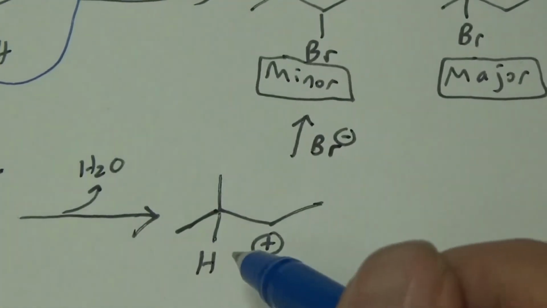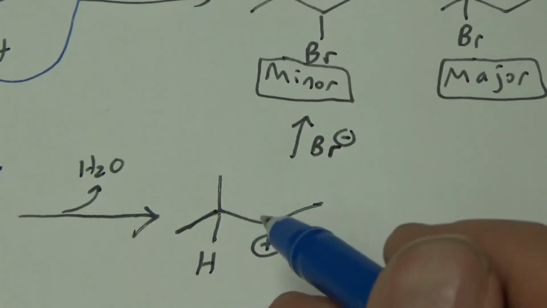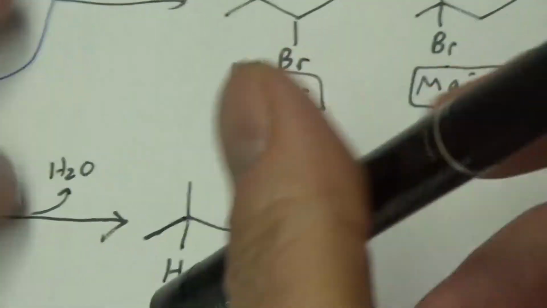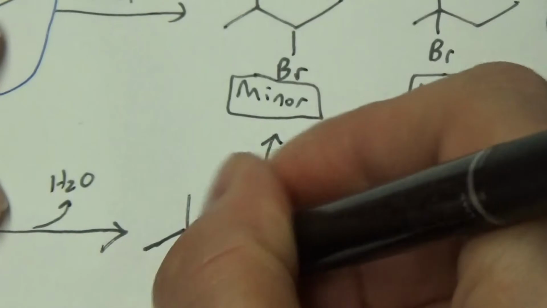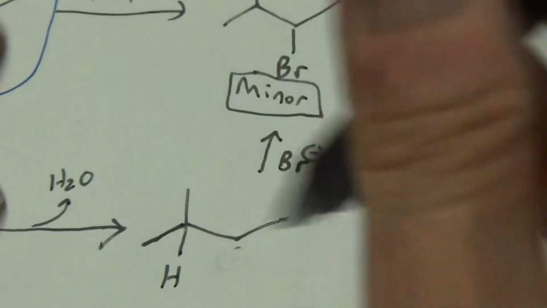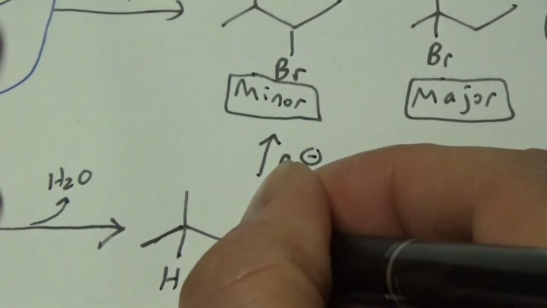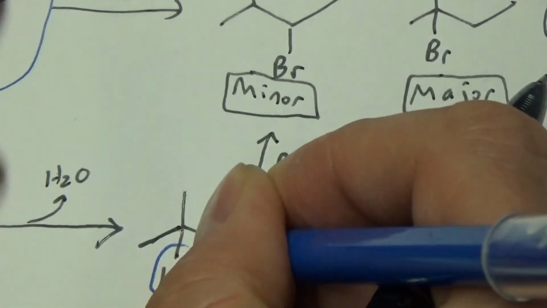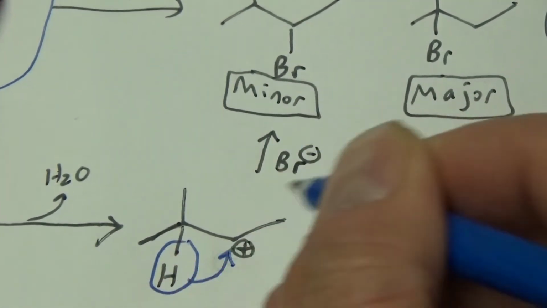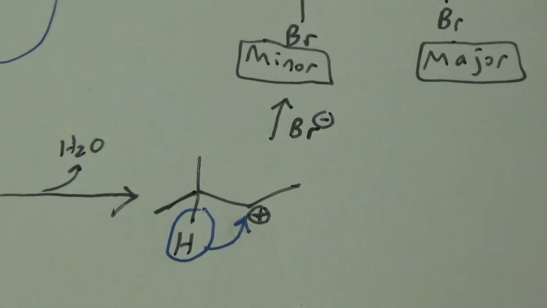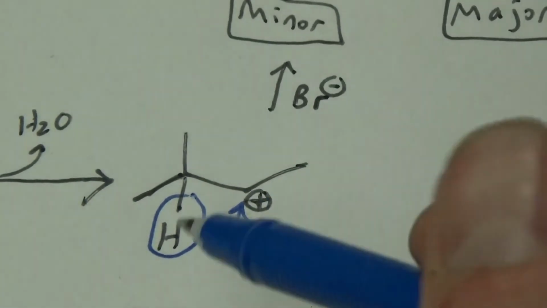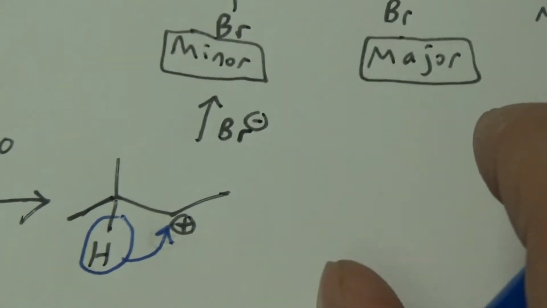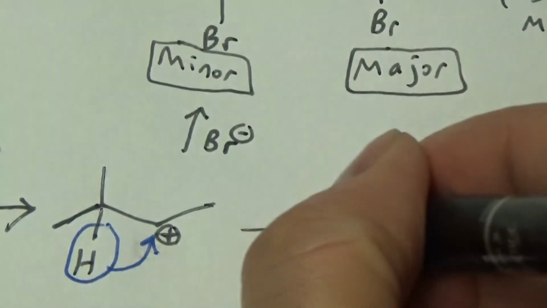The other thing that can happen, in addition to Br minus attacking, is that this hydrogen, essentially a hydride attached to the carbon, can jump. I'm going to draw this a little differently to make it clearer. Plus charge right there. The hydrogen can jump to that carbon and take its electrons with it. So the hydrogen and its two electrons jump, and that makes a different carbocation.